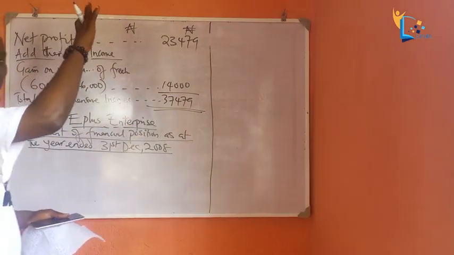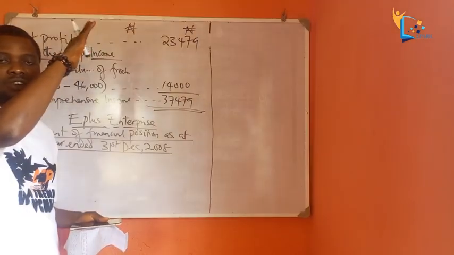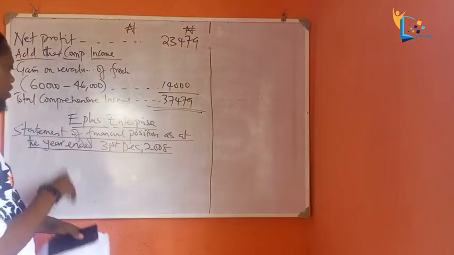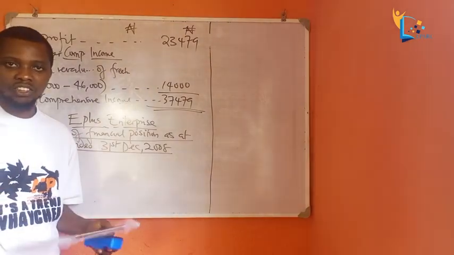The part we've done now is the profit or loss and other comprehensive income. Now this is the statement of financial position, also known as the balance sheet.